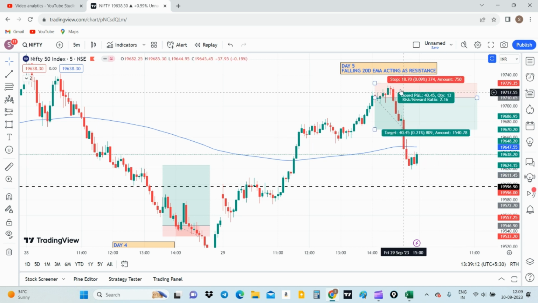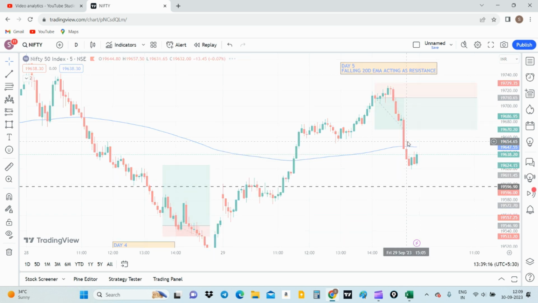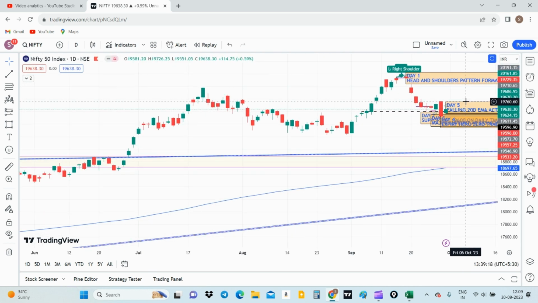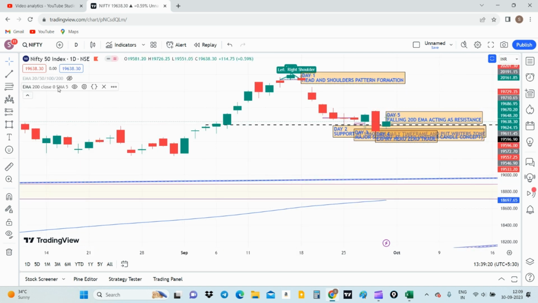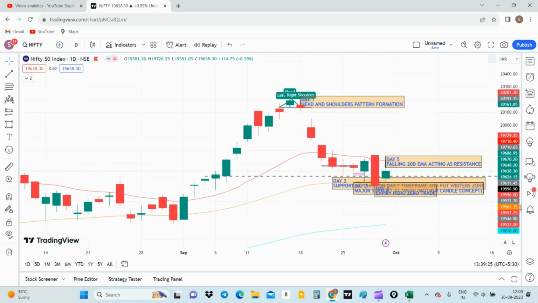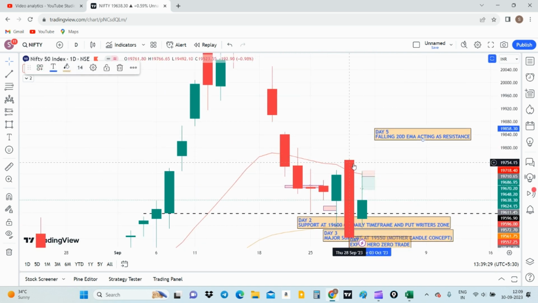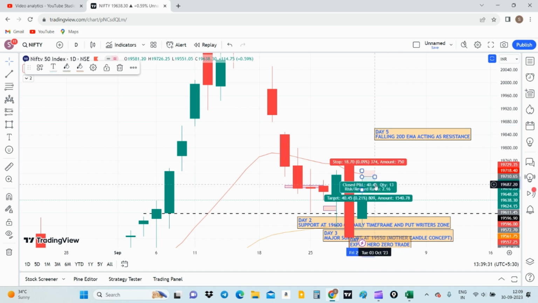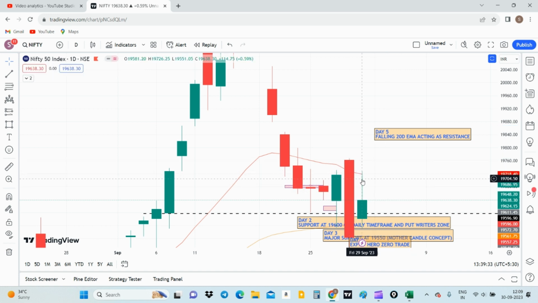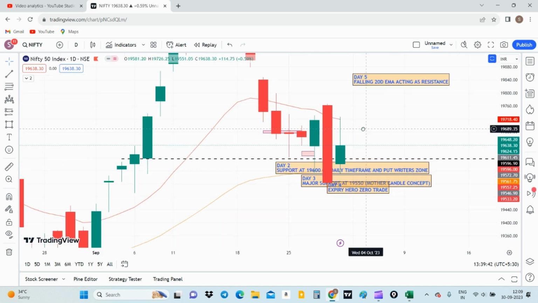But the logic behind the trade here was, if I move on to a daily time frame basis, there is a 20 moving average which is falling. Usually, if it is an uptrend, the Nifty will try to take support at a rising 20-day EMA.